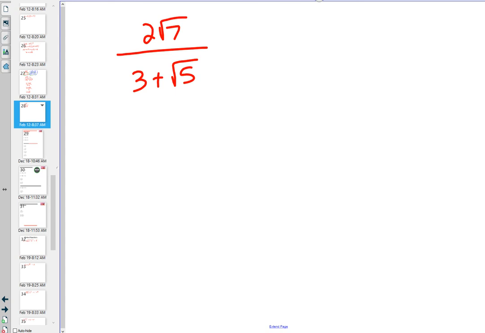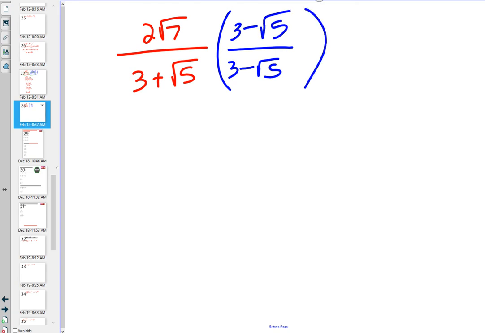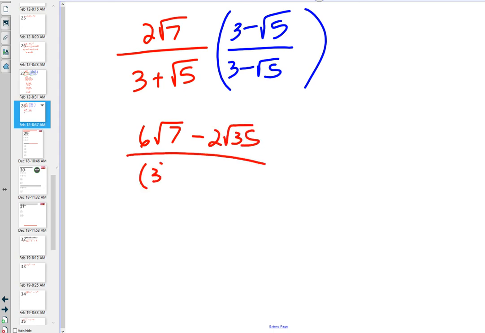What is the conjugate of 3 plus square root of 5? So I go 3 minus square root of 5. 6 square root of 7 minus 2 square root of 35. 3 squared minus.